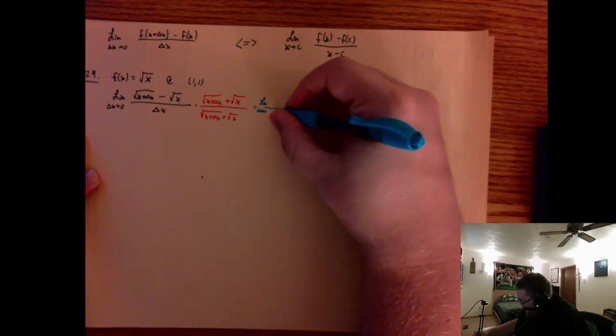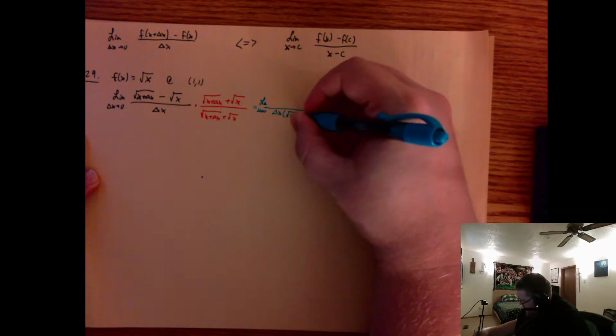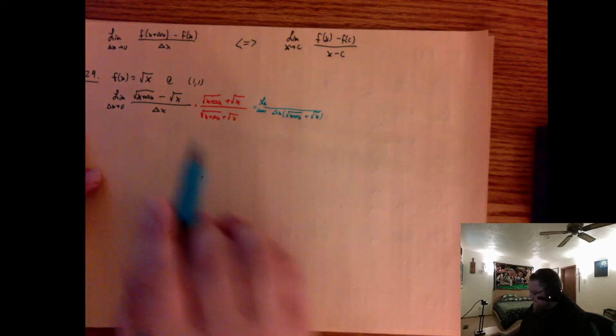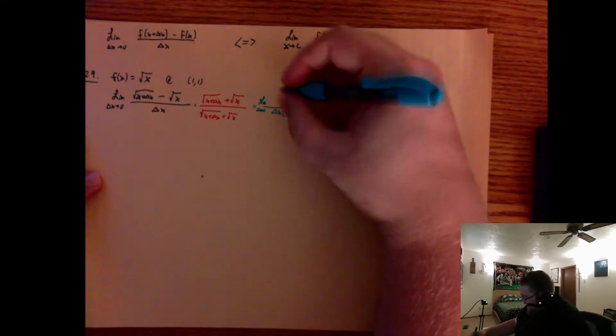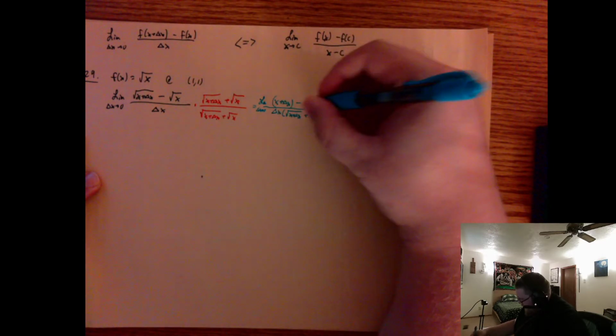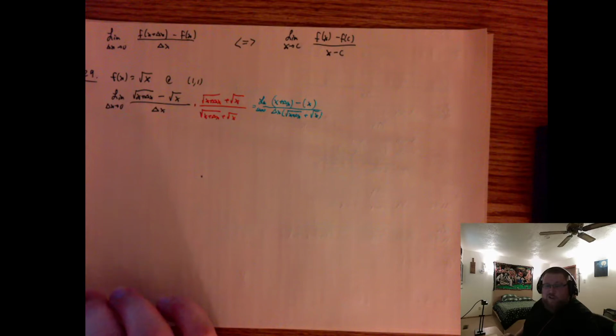On bottom we'd have delta x times these radicals, the square root of x plus delta x plus the square root of x. On top, these radicals end up canceling, meaning we have x plus delta x minus x. The reason they cancel is that the conjugate always forces a difference of squares. That's why you use a conjugate in order to make that work.